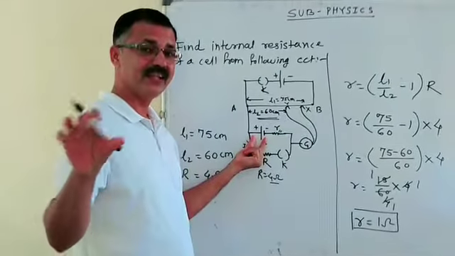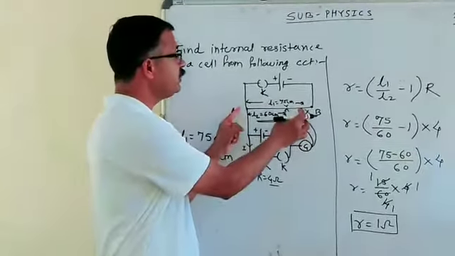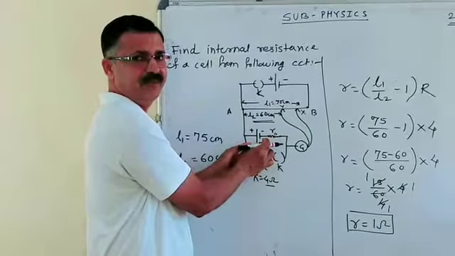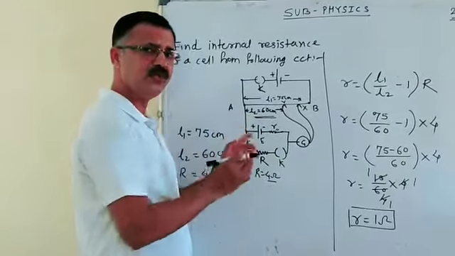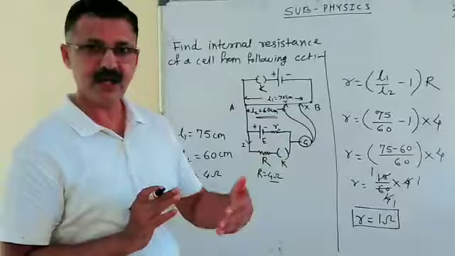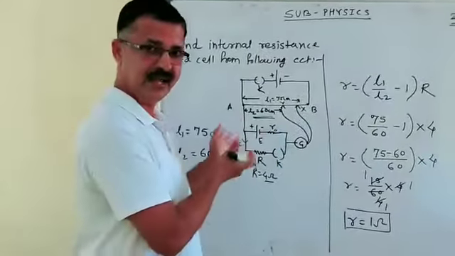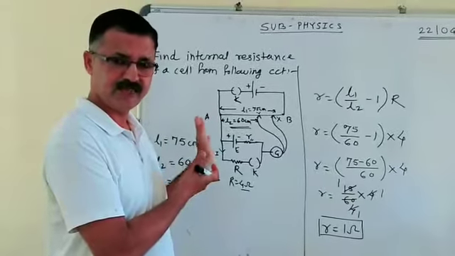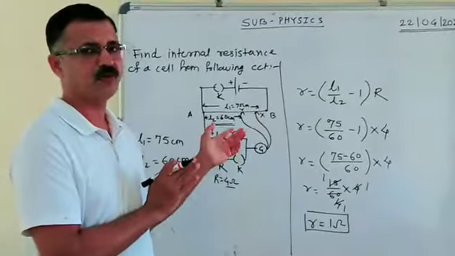That's why this potentiometer gives a more accurate value of the EMF of this cell, because here we are using the null method. There are many other applications of a potentiometer in addition to the comparison of EMF or determining the internal resistance of a cell.